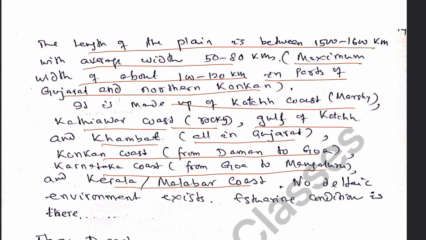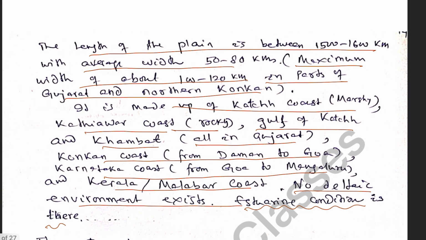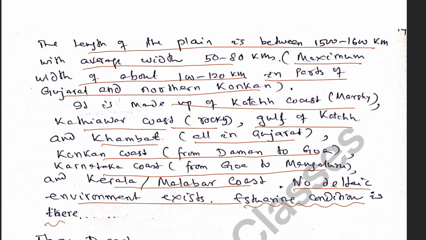west coast plains. No deltaic environment exists in the west coast, but in the east coast there is a deltaic environment. The west coast is represented by estuarine conditions, which are not mostly found in the east coast. The east coast sea is gently sloping, which has favored the formation of deltas.